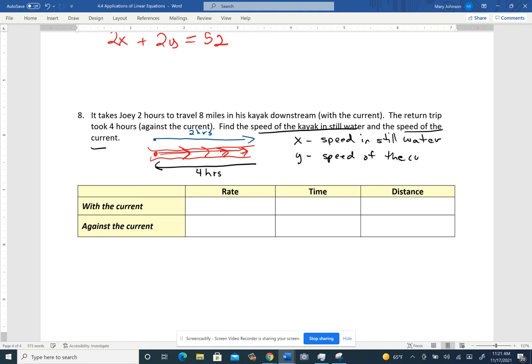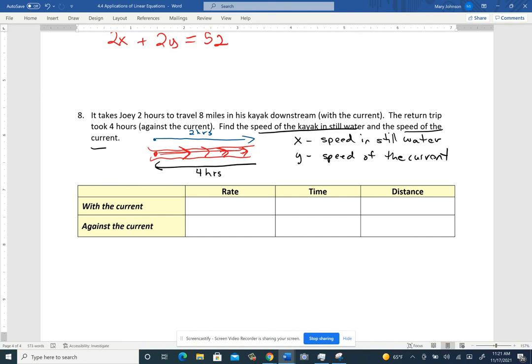Now you might get a problem just like this that involves an airplane going with the wind or against the wind. I don't know if you've ever flown, but sometimes you wind up getting somewhere a lot faster than expected because you have what they call a tailwind. So the plane is flying at a certain speed, but then the wind is pushing you in the direction you're trying to go, and so you wind up going even faster than expected.